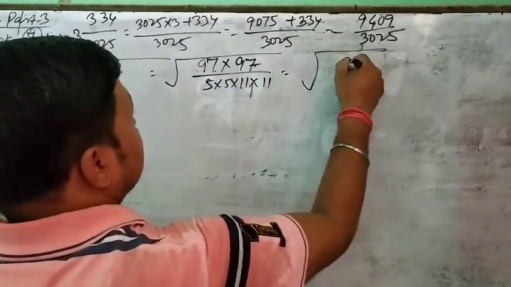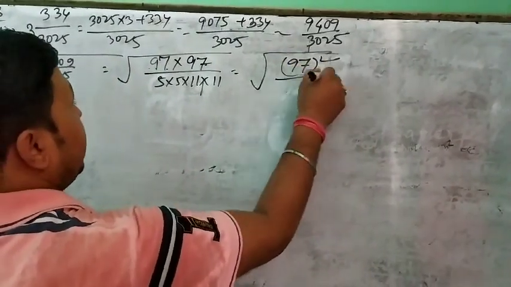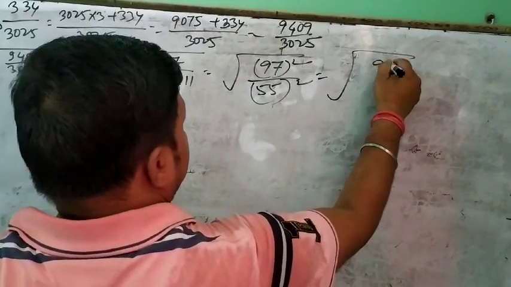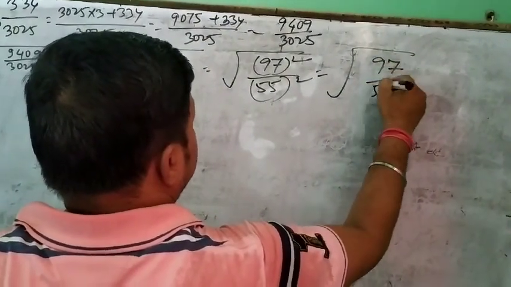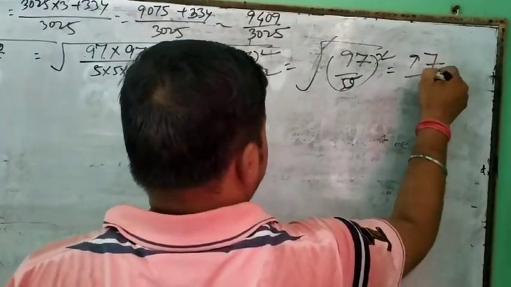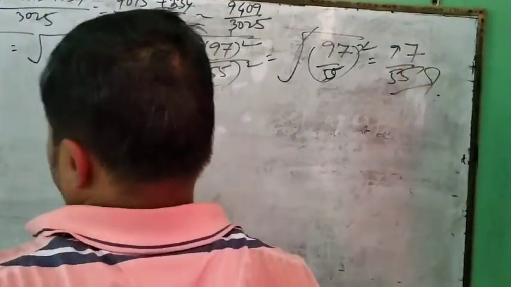So it's a square of 97 and a square of 55. So 97 by 55, the whole square, cancel the square and square root, and that's your answer.